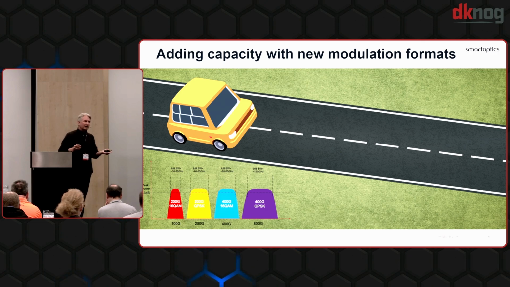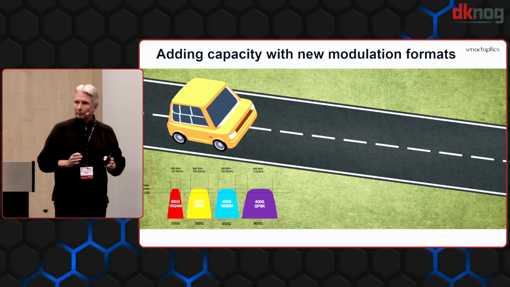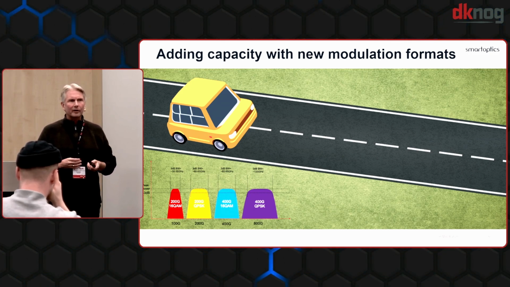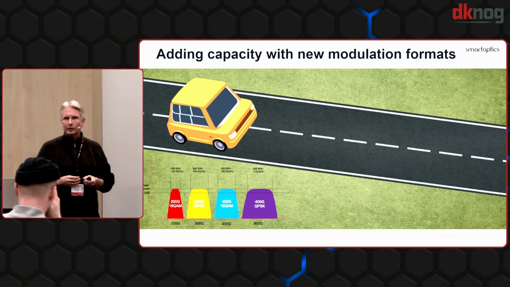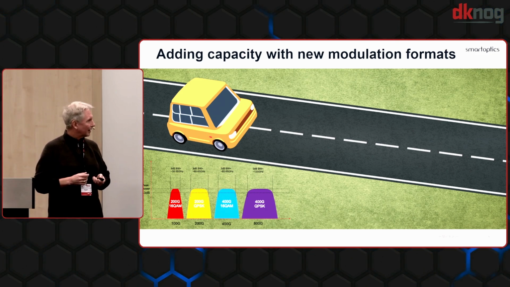The 16QAM modulated signal is kind of the highest that we go in pluggable optics for modulation. For high performance transponders, there are other technologies that you can use and more granularity, but typically this is what you do with the pluggable optics.